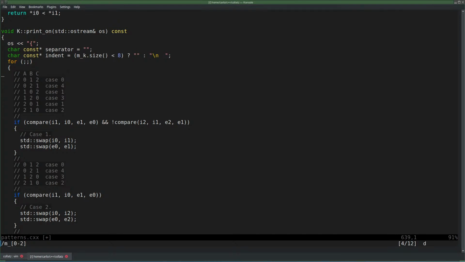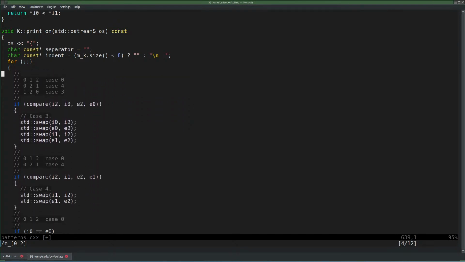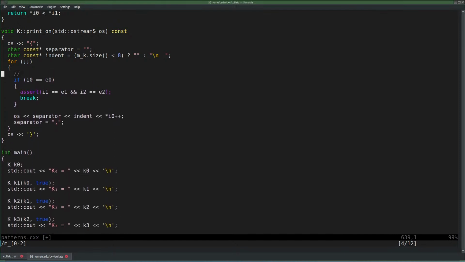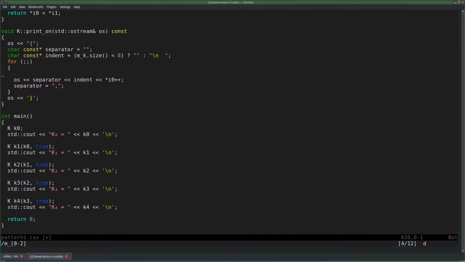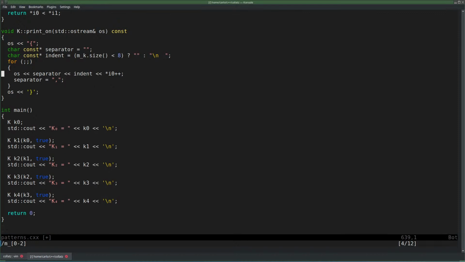And then this is no longer needed. And then we just print an iterator, and that runs over all the elements of MK. Or I can just do K, I guess, MK. And then we just print K.